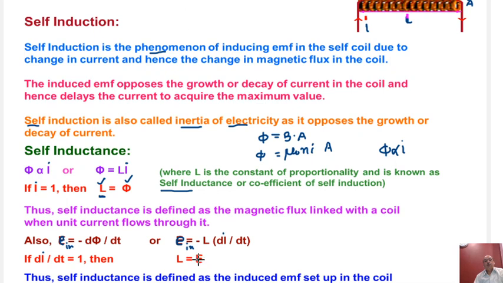The self-inductance is defined as the induced EMF set up in the coil through which the rate of change of current is unity. If the current changes per second by 1 ampere, then the induced EMF produced at the ends of the coil will be the self-inductance of the coil.